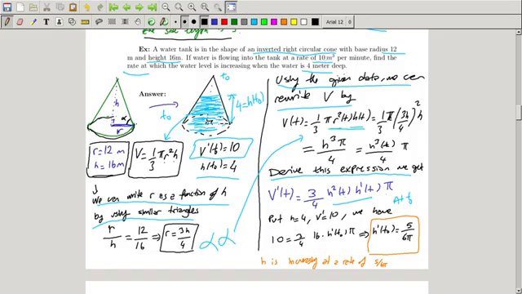Let me read the question again. If water is flowing into the tank at a rate of 10 cubic meters per minute, find the rate at which the water level is increasing when the water is 4 meters deep. So when h equals 4 and V' equals 10, what is asked?